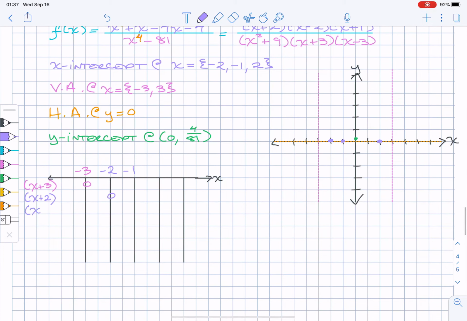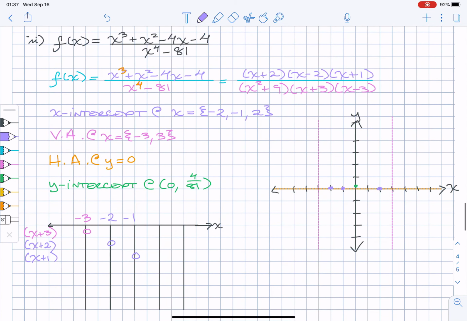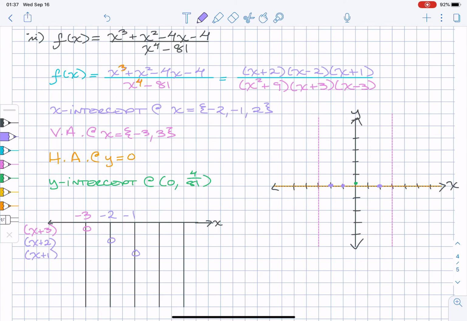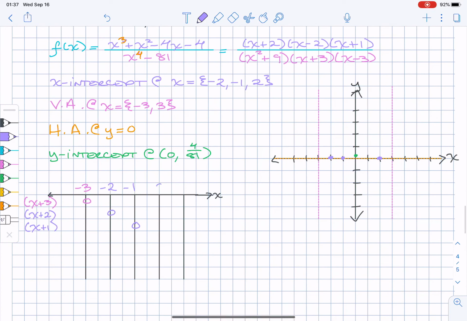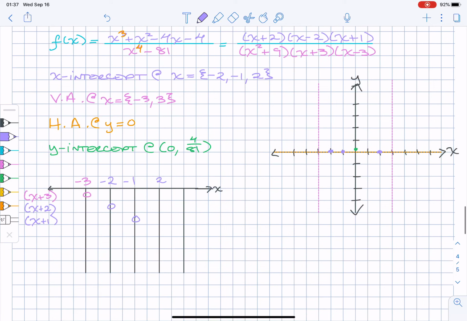That's x plus 1. So the root is here at -1. Then the smallest positive is 2 at x minus 2. So the 0 is at positive 2. And then finally, x minus 3 has a root at 3, so the 0 is here.